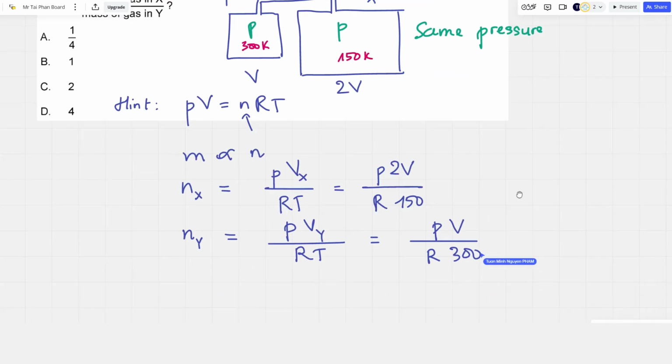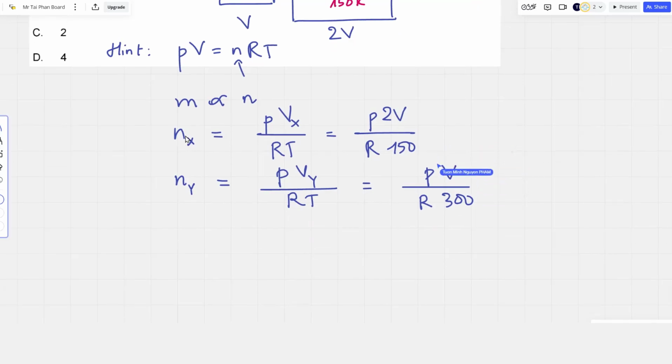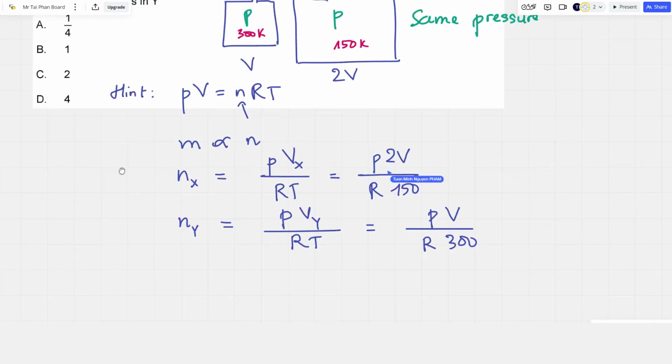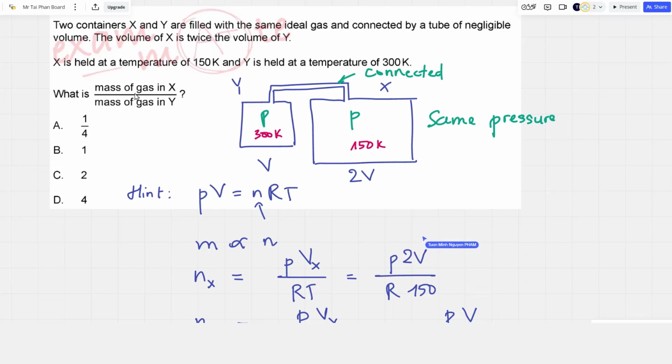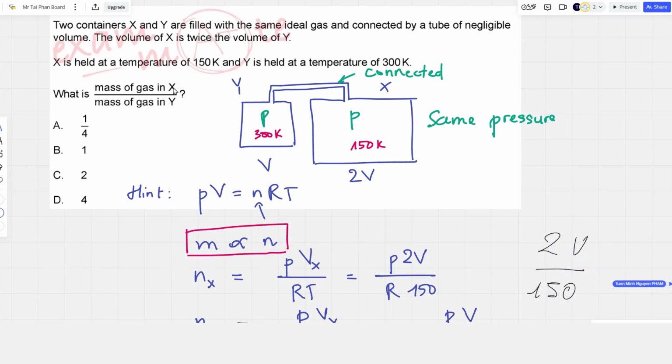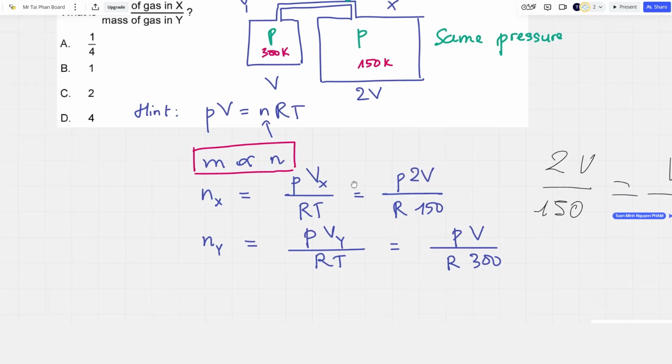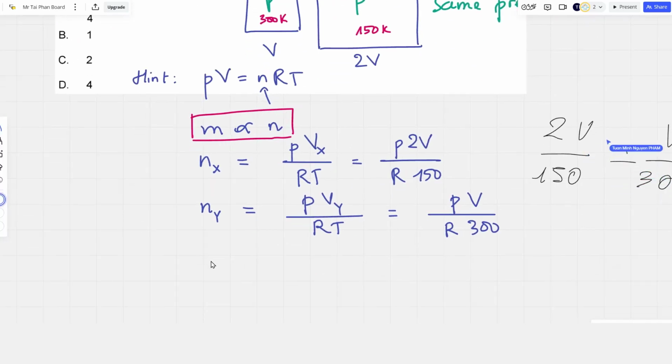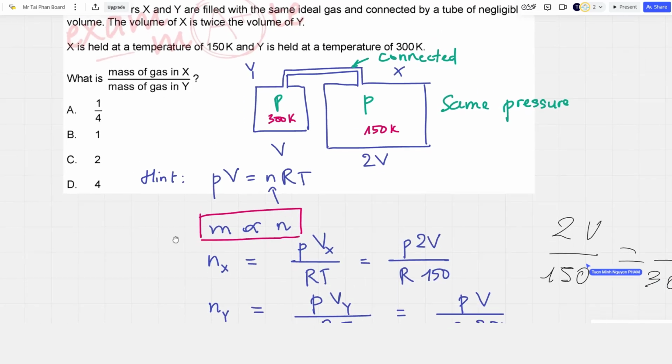Now we can compare these two numbers of moles, because we want to find the ratio. The mass is proportional to the number of moles, and therefore, to find the ratio of the mass of X and Y, we compare the ratio of the number of moles, with X on the top.